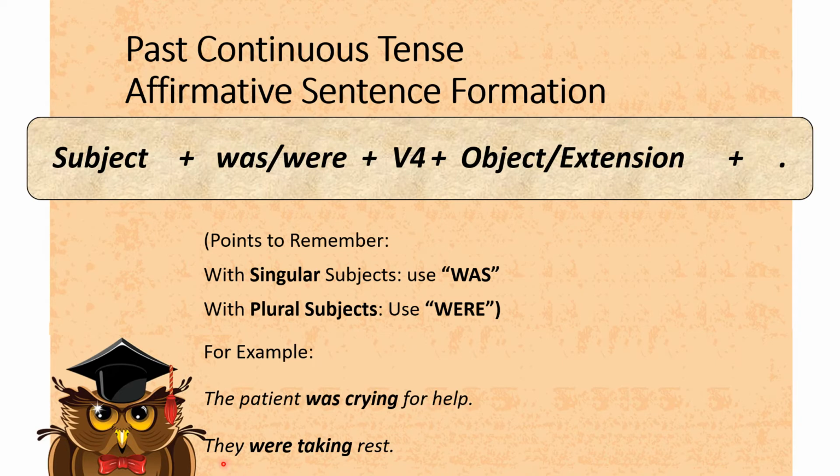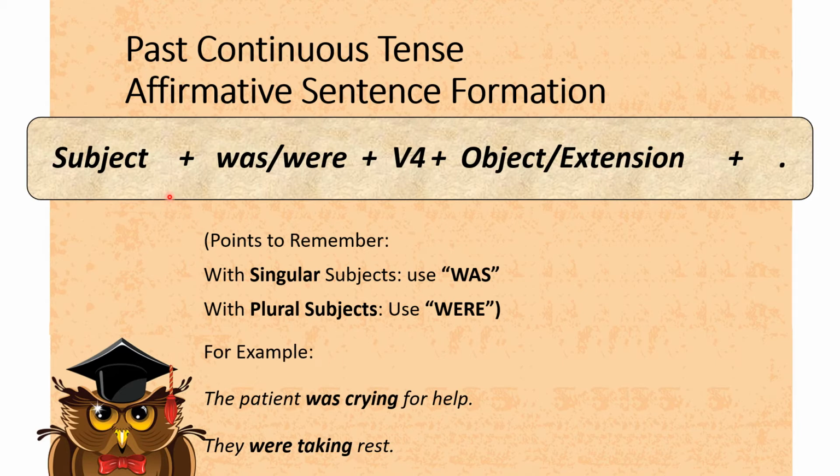See the second example in which they is the subject, were is the auxiliary verb. I have added were because the rule was that with plural subjects you use were as the auxiliary verb. Then you see the ing form of the verb, taking, and rest here is the extension.